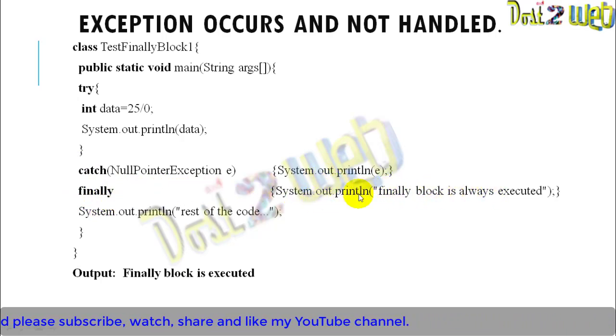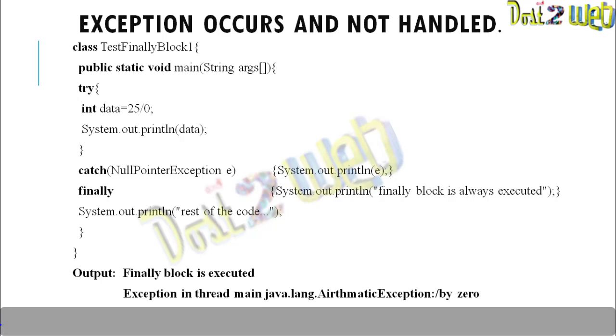Remember these things. If you take a look, your lab programs might also have used finally block. So definitely the finally block will be executing in the program. After this, it will give you exception in thread main java.